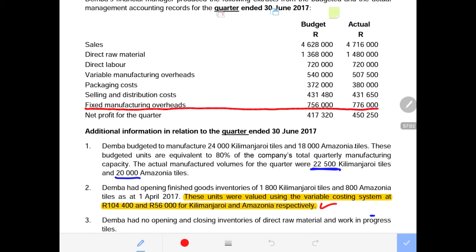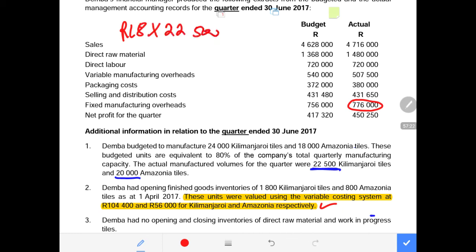Our fixed manufacturing overheads, it is 776,000. Then now we need to calculate our applied for each of the product. Our POR is 18 Rand, multiply this by 22,500, and 18 Rand multiply this by 20,000.